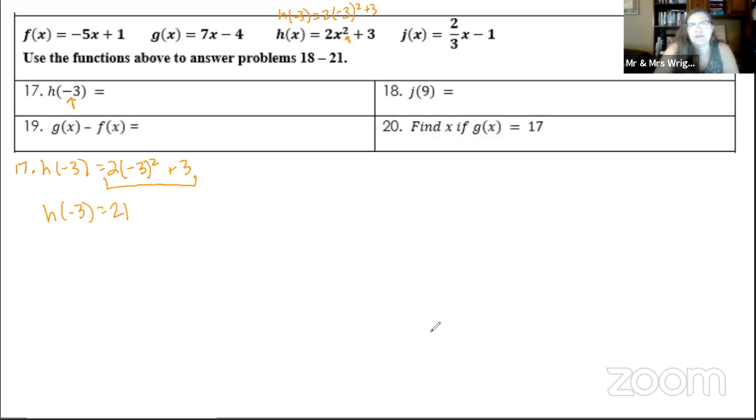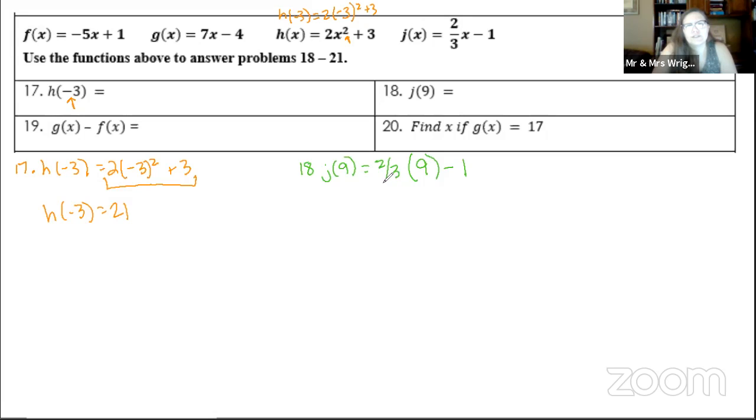All right. Now let's look at 18. J of 9. So again, we're going to do the exact same equation here, and we're going to plug 9 in. J of 9 equals 2/3 and then 9 minus 1.